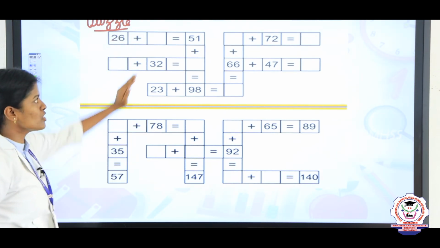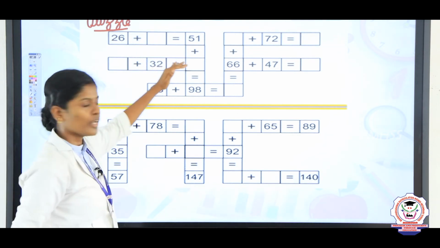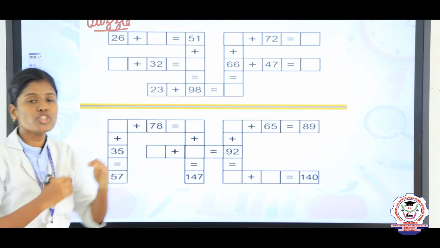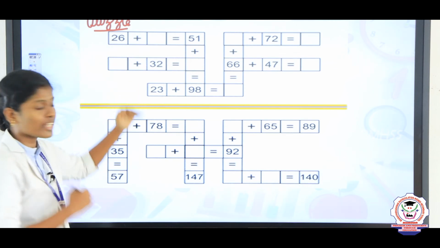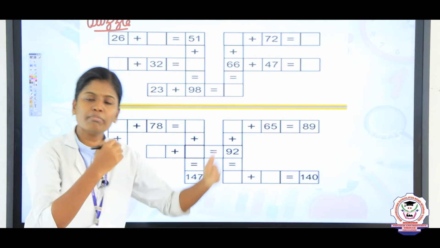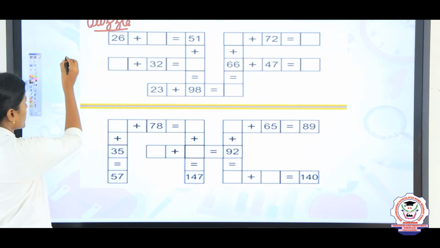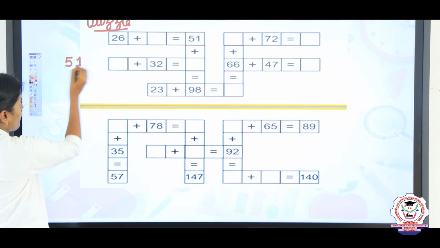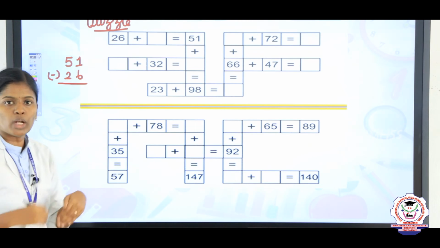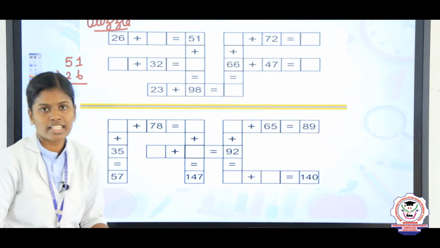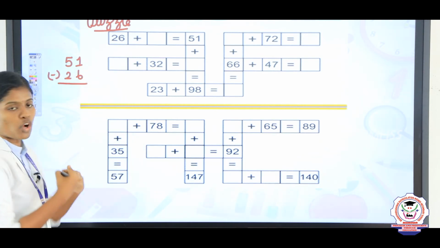So first the question is 26 plus dash equal to 51. What number should be added to 26 to get 51? So simply you take 51 minus 26. Take the ones place value. Here the ones place values are 1 and 6. Now 1 minus 6 is not possible, right?